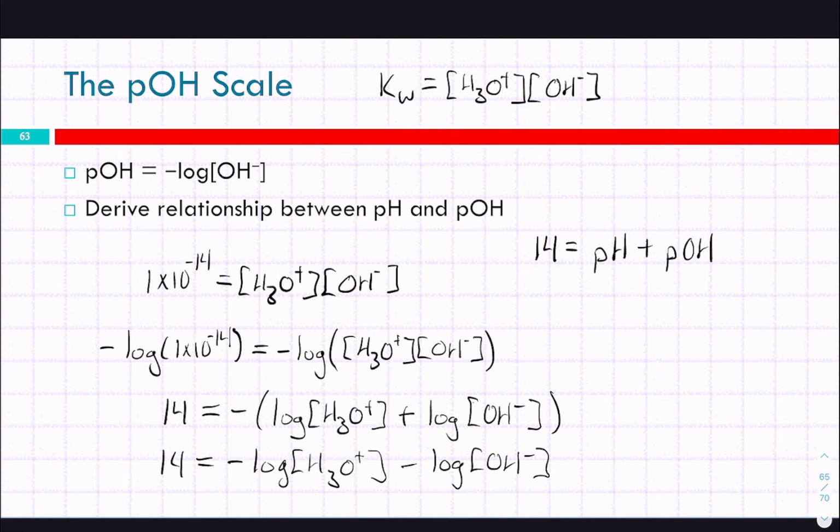So that gives us the relationship between pH and pOH. So if you have the pH, we can say 14 minus pH equals pOH. And 14 minus pOH gives us pH.